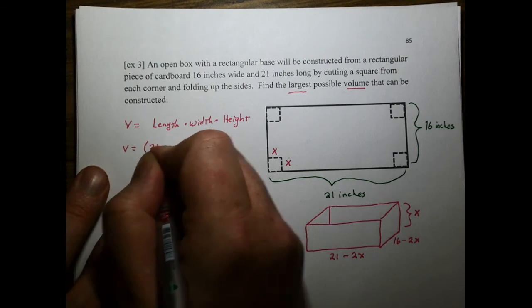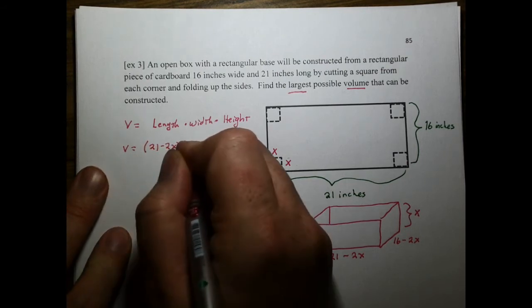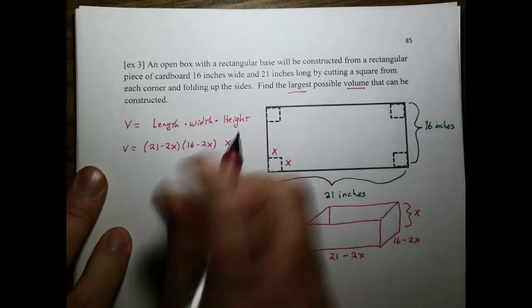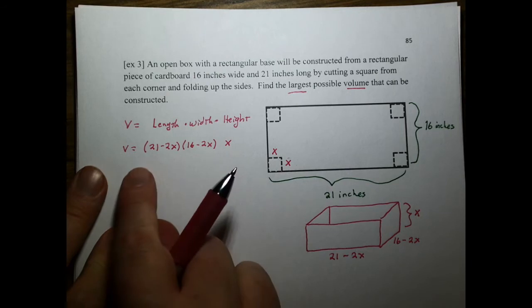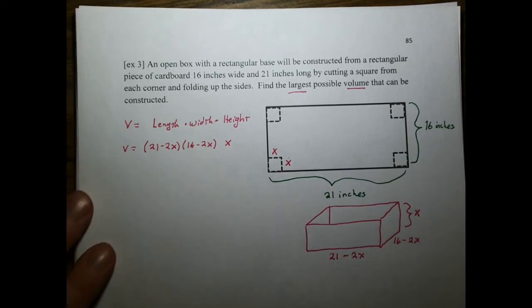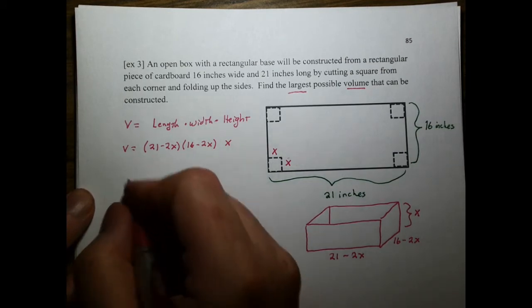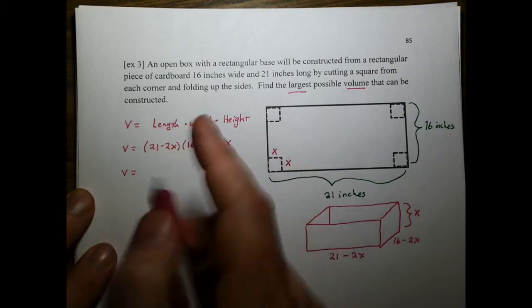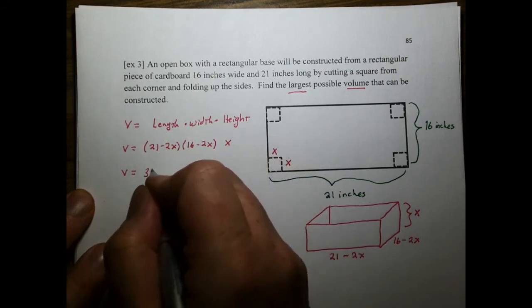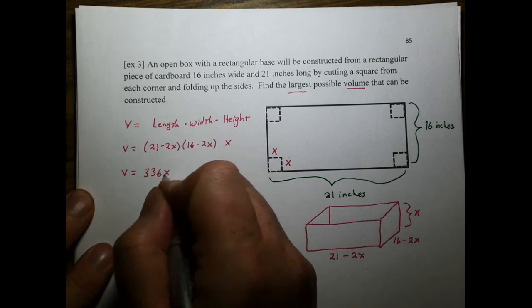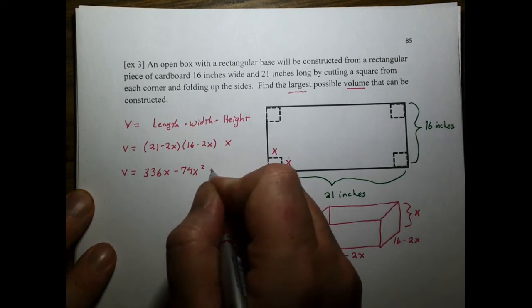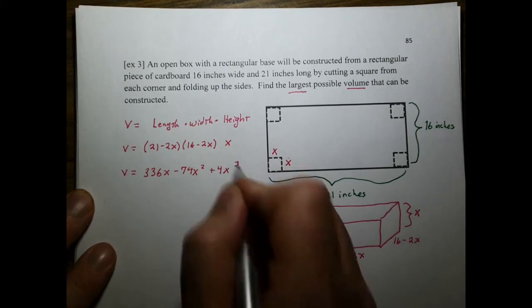So this volume will be 21 minus 2x times 16 minus 2x times x. And there, we have a volume formula. It only has one variable, so we don't have to do any of the substitution that we're used to doing. And if you FOIL all of this out, you'll end up getting 336x minus 74x squared plus 4x cubed.